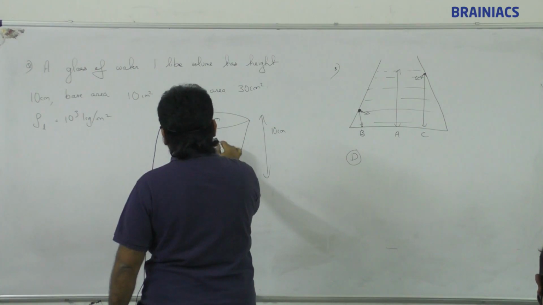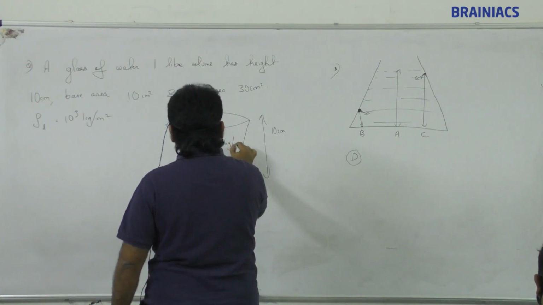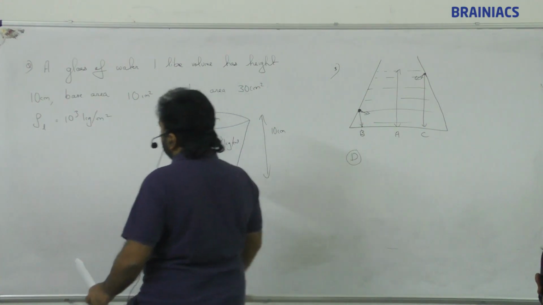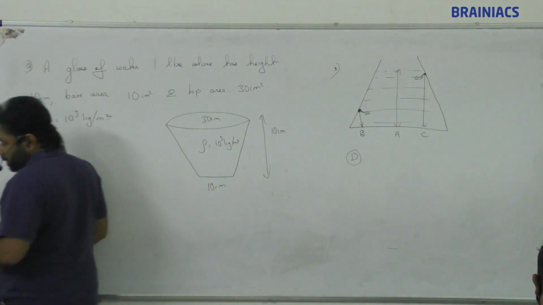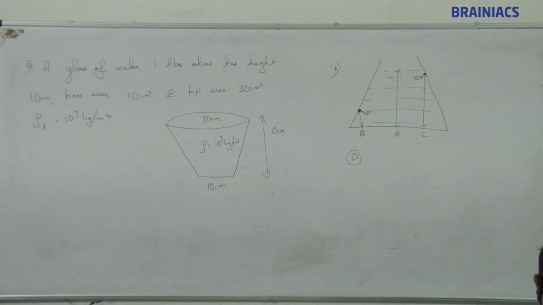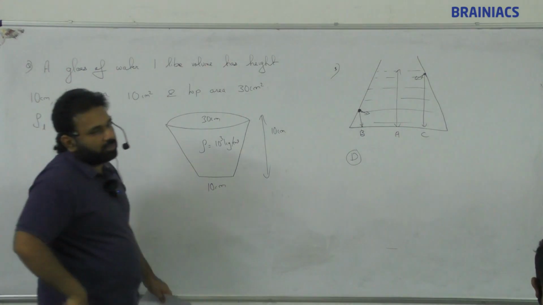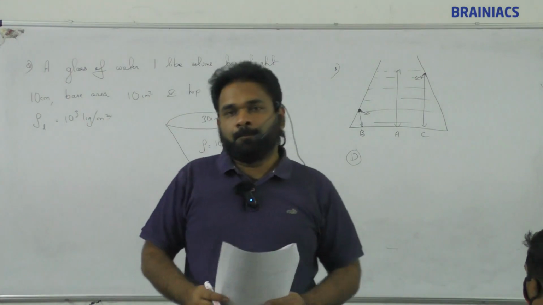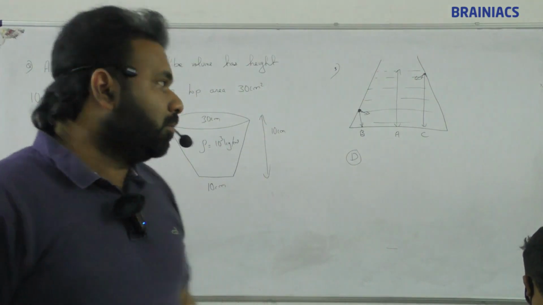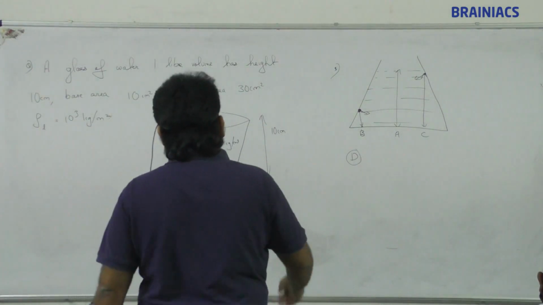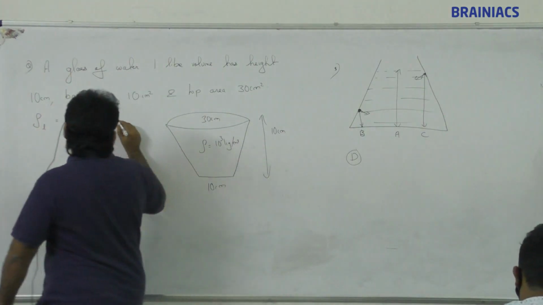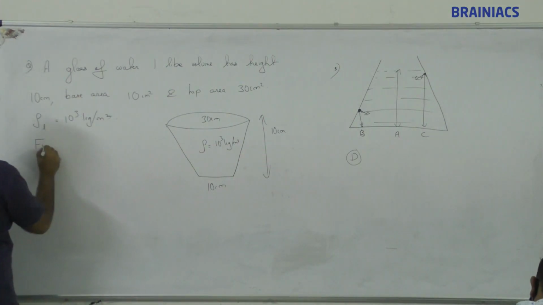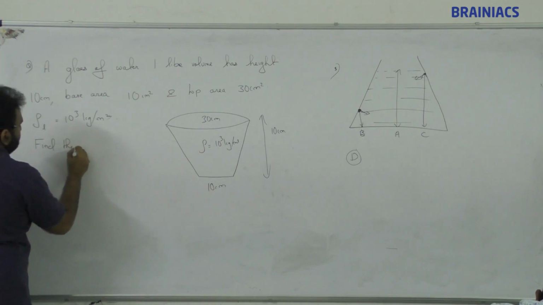So density of the liquid is 10 raised to 3 kilogram per meter cube. Okay, so first question is find the force on the bottom of glass.